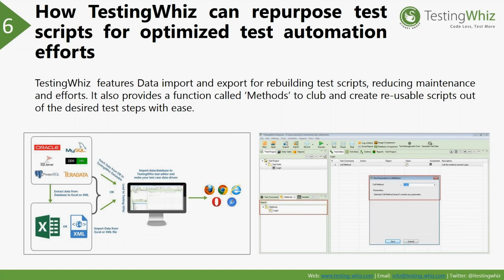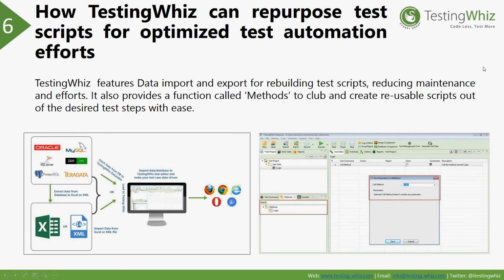I would save those 2 or 3 or 4 steps that I need to log in to the application as a common method. And when I do that, I can use that as a reusable test step in my test script.